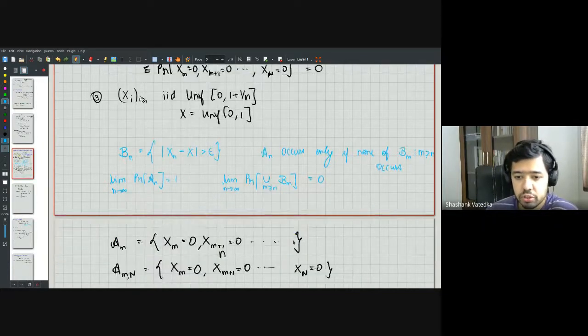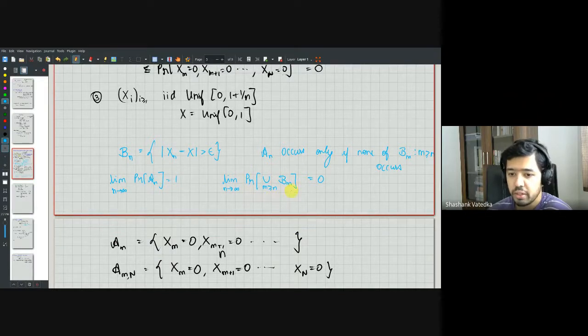So if you can show that, now computing the probability of this union may be difficult, but sometimes what you can do is look at the limit as n tends to infinity, just use the union bound to take the summation from n to infinity, probability Bm.